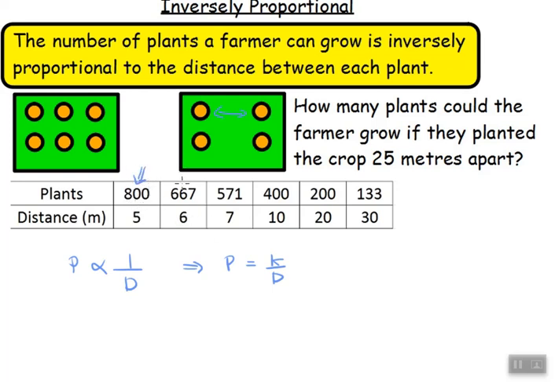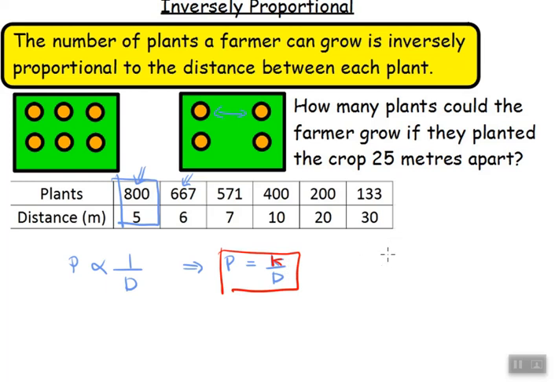If it's 6 meters apart, it's 667. 7 meters apart is 5, and so on. So let's just use the first one, to work out what the proportional factor is, this k, because we need that to complete the formula.